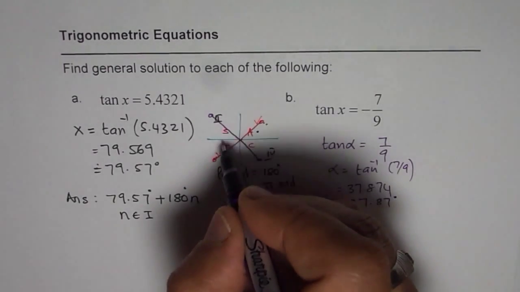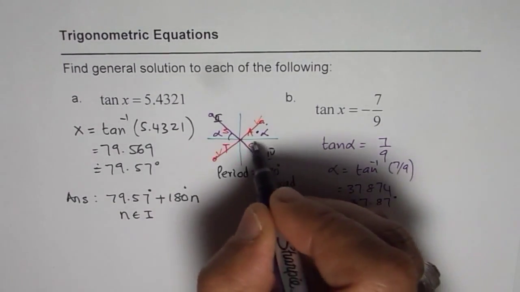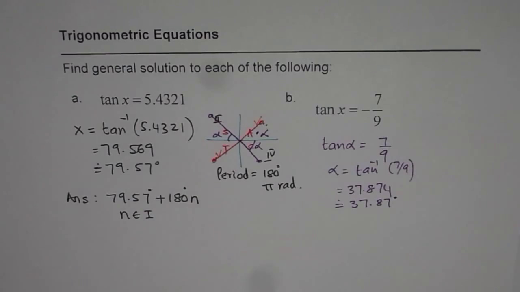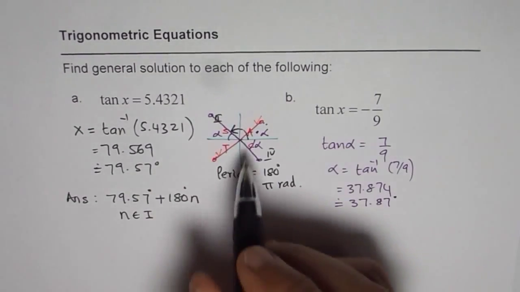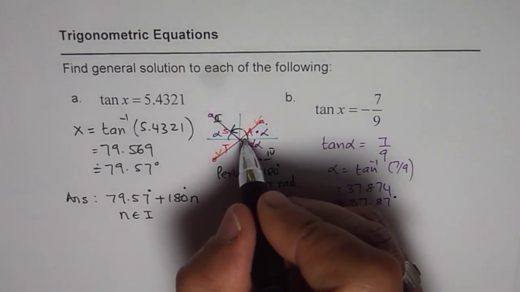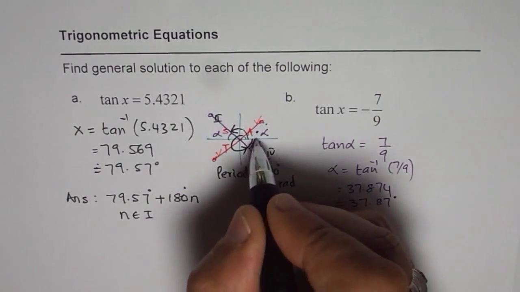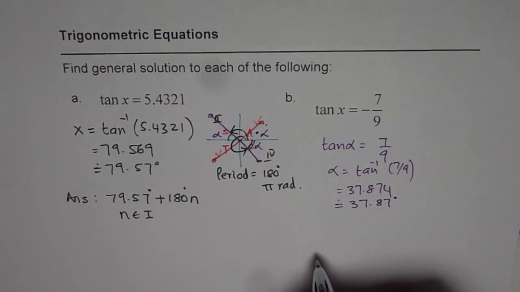How are you going to get these values? This is the acute angle alpha, so that is alpha and this is alpha. So the real solutions we are looking for are 180 minus alpha, and the other one is 360 minus alpha, right? Those are the two solutions we are looking for.